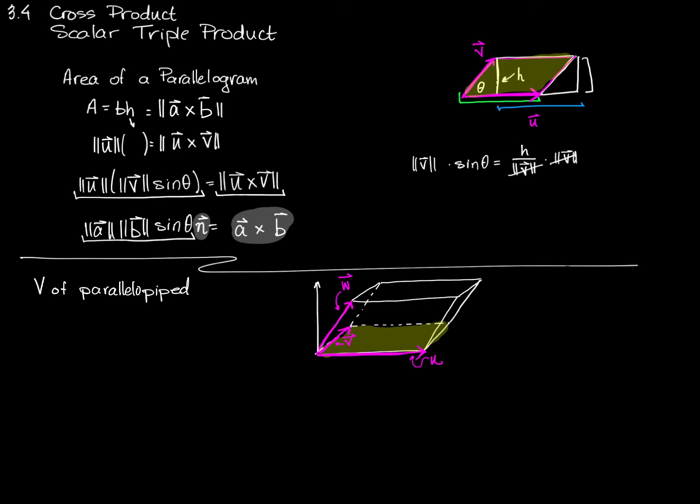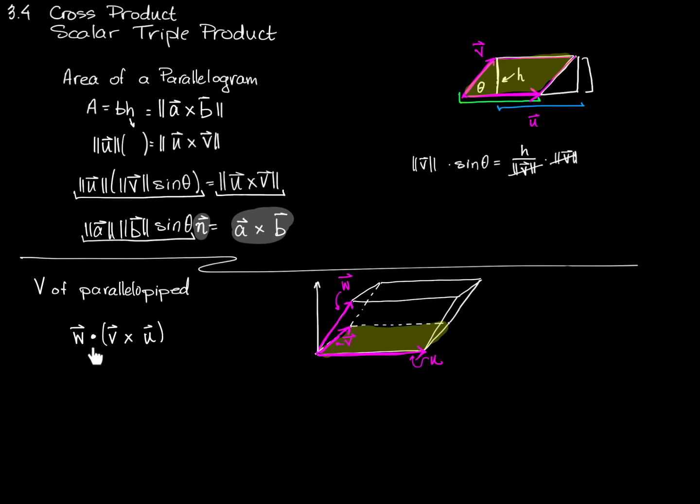That volume is going to involve vectors W and U and V. And in this case, because of the way I've labeled these, it's going to be V first, and then U. What I'm going to do is take the cross product of V and U. That's going to be a vector. But then I'm going to dot that vector with this other vector W. I'm going to dot W with the resulting vector from this cross product. And that is going to give me the volume of this parallelepiped.